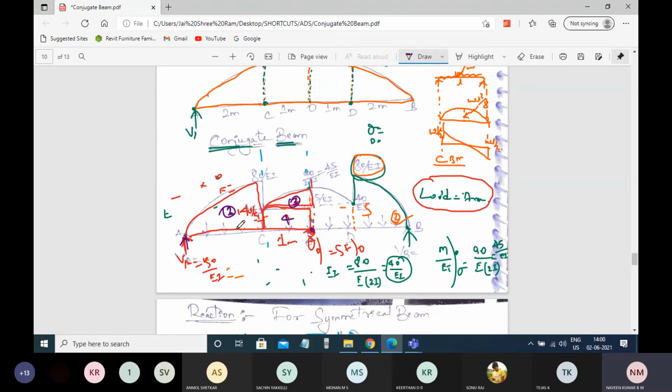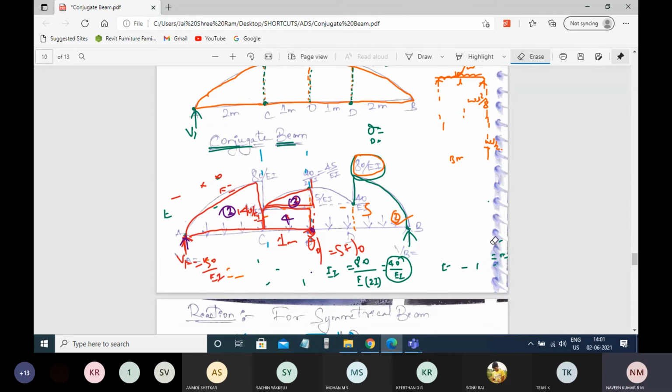Then we need to find delta at O, that is equal to bending moment at O. Let me find bending moment at O. So how to find this bending moment at O?